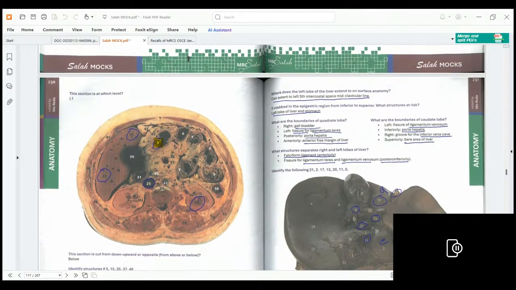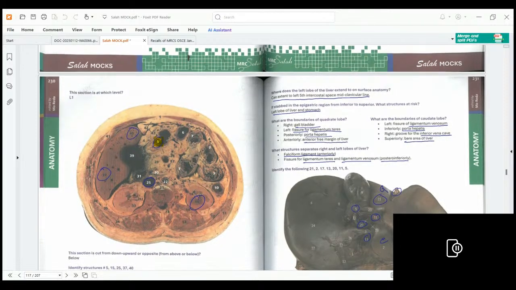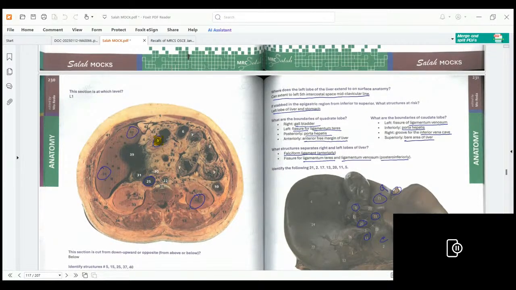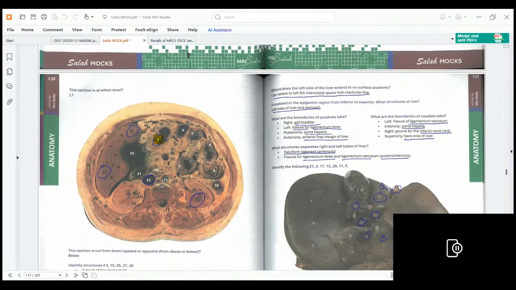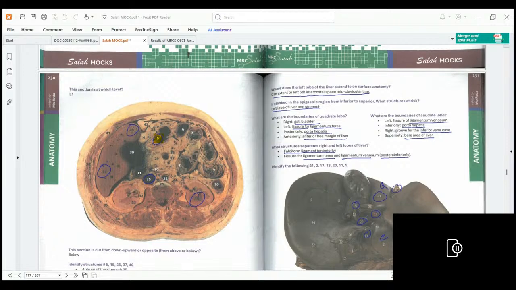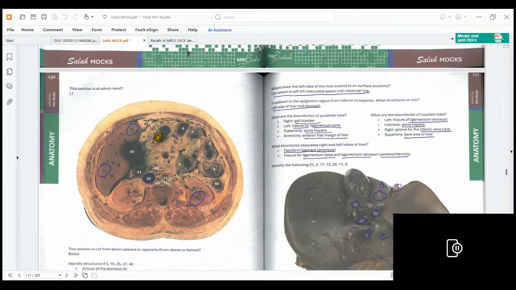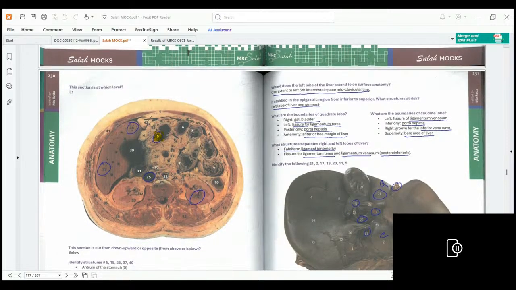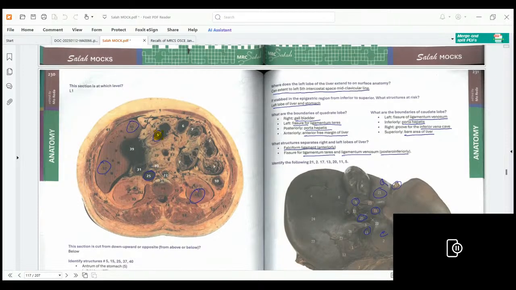Okay. If stabbed in the epigastric region from inferior to superior, what structures are injured? Left lobe of the liver and the stomach.